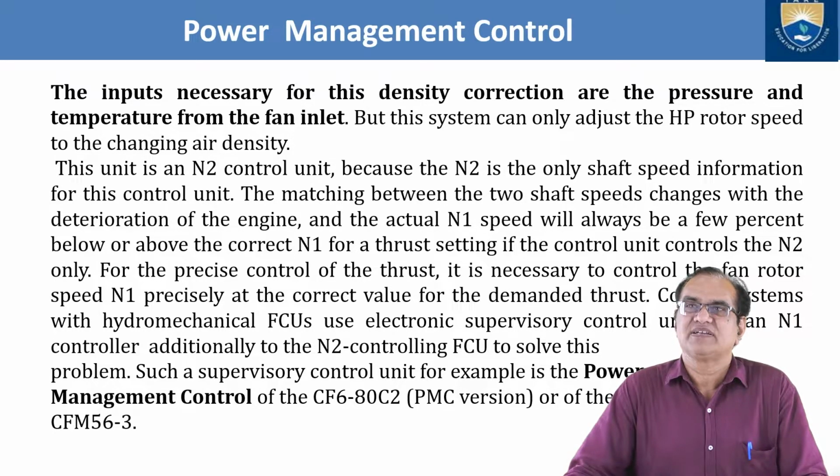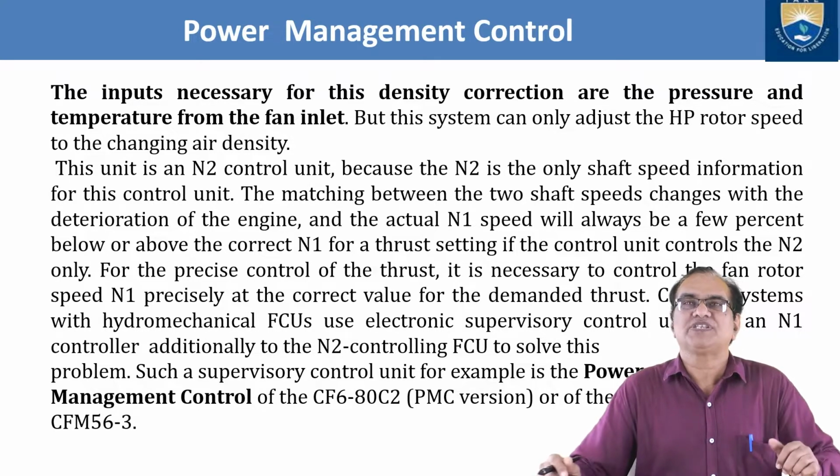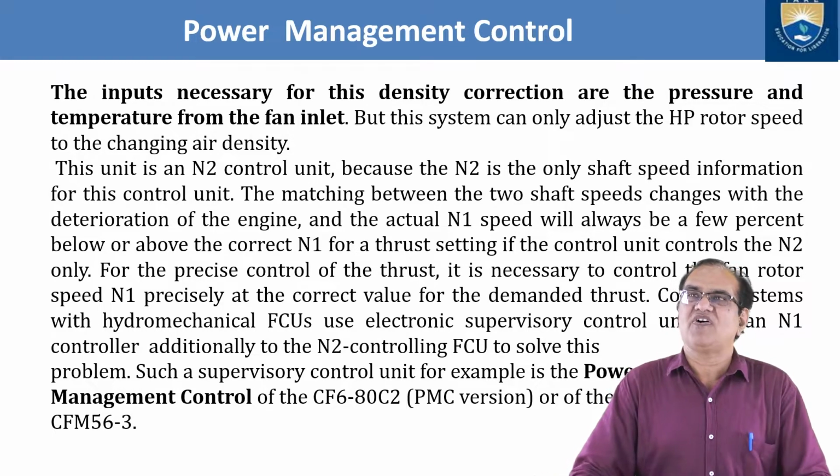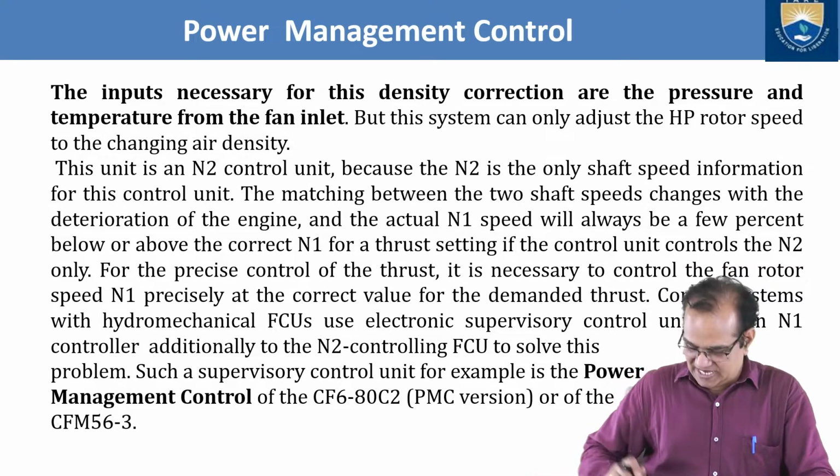fan inlet, but this system can only adjust the high pressure rotor speed to the changing air density. So how is this power management control done? The inputs necessary for this density correction are the pressure and the temperature from the fan inlet.